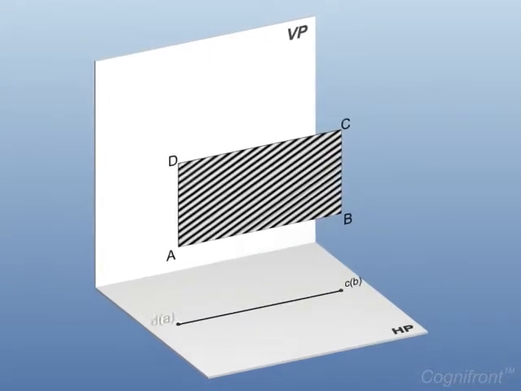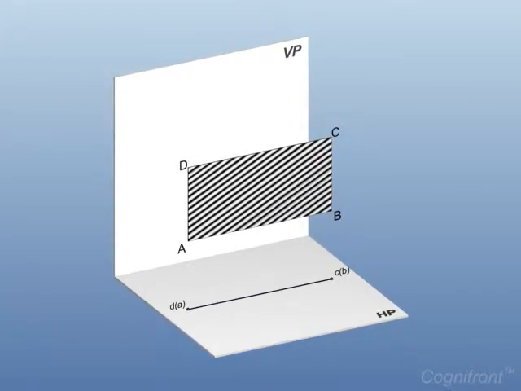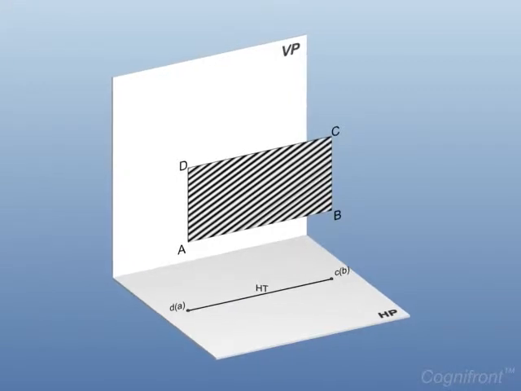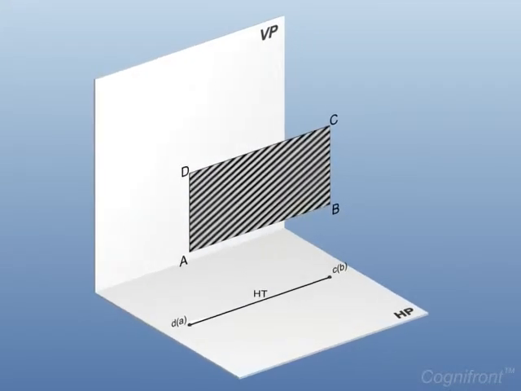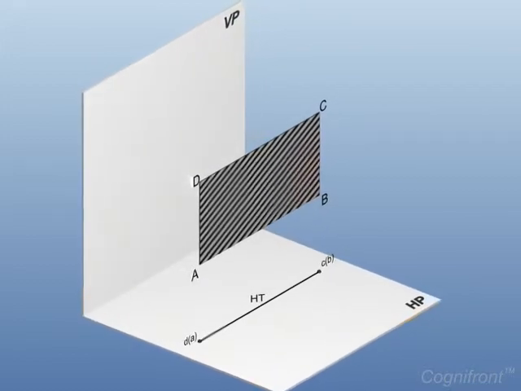The line DACB is the top view and the horizontal trace HT of the object. Since the plane is parallel to VP, there will be no vertical trace of the object.